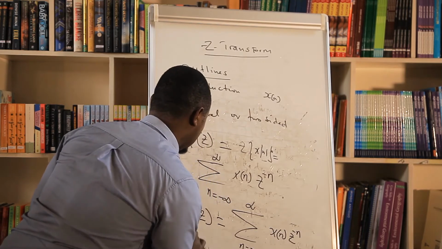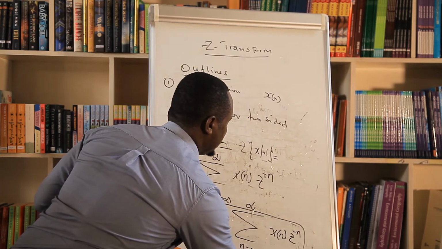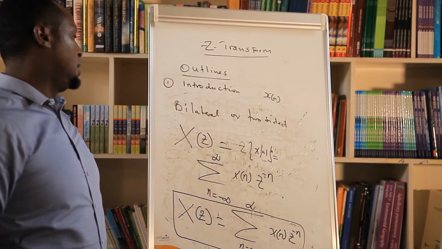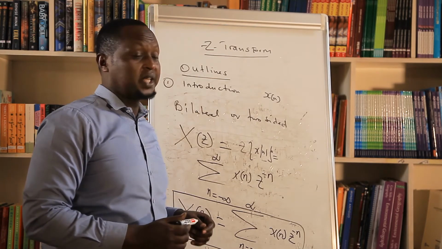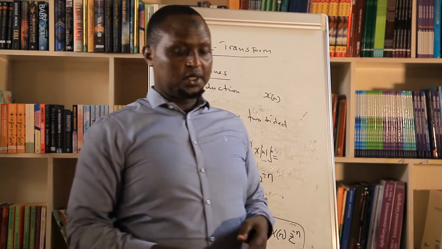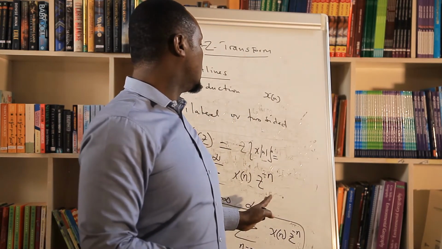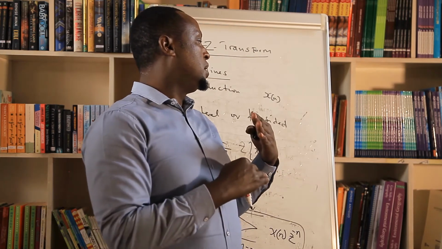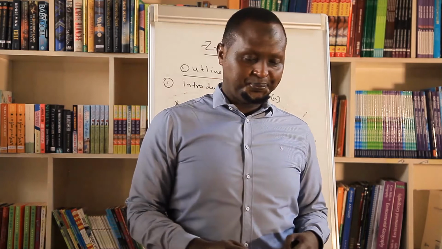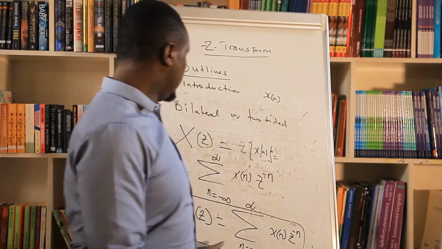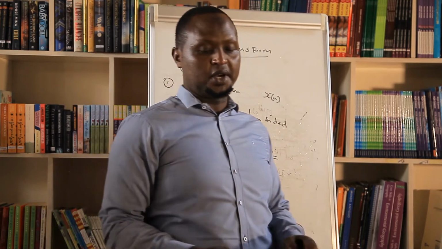This is the general formula for the double, bilateral, or two-sided. In every calculation, anything coming from negative infinity to infinity is going to be written in this form. You can master this; it is very important in terms of calculations.